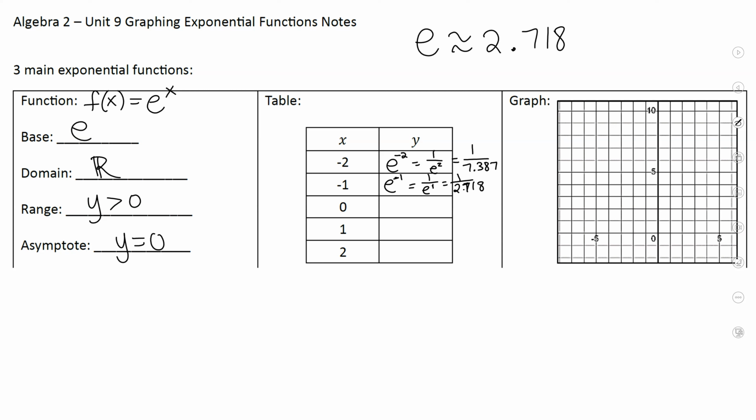Whenever you see e, it's about 2.7, okay? All right, now we're gonna do e to the 0. What is anything to the 0 power? 1. What is e to the first power? Itself, right? So 2.718. And then we're gonna do e squared. And we said 2.718 times 2.718 is 7.387.